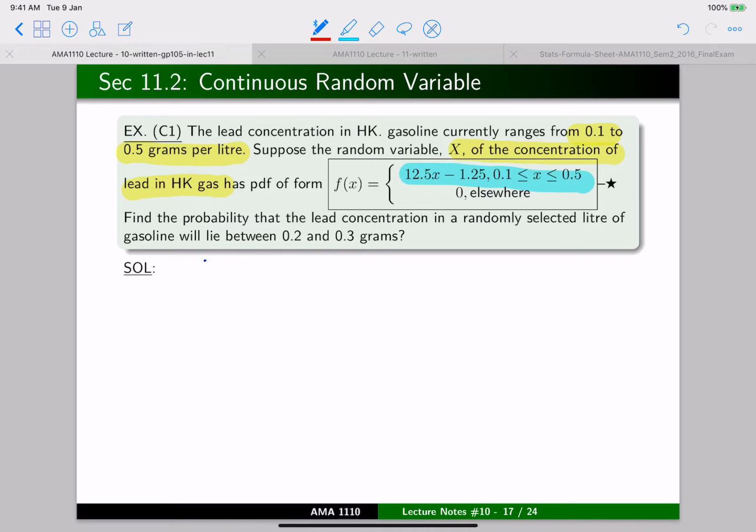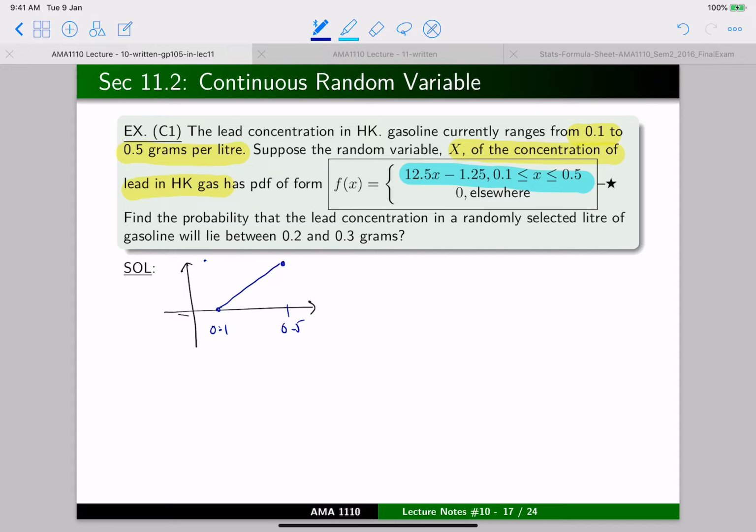Well, first, let's just draw the probability density function. It looks kind of like this. It starts at 0.1 and goes to 0.5, with a slope of 12.5.